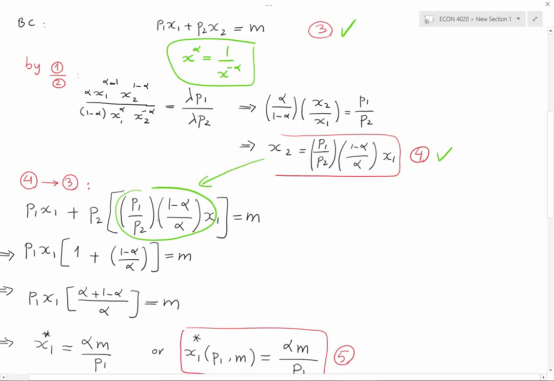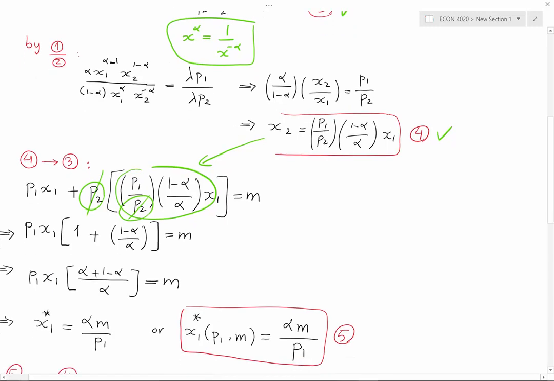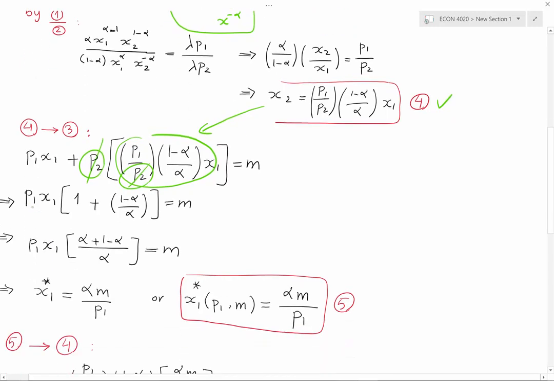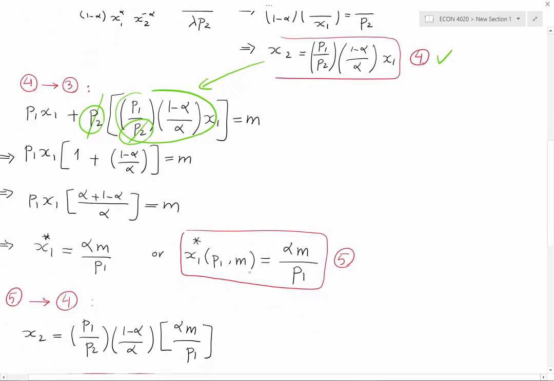We can simplify more here. So this p2 with this p2 will cancel out, and then by simplifying more, taking out p1 x1, finally here we get the value of x1. So the value of x1 as a function of p1 and m is equal to alpha m divided by p1.